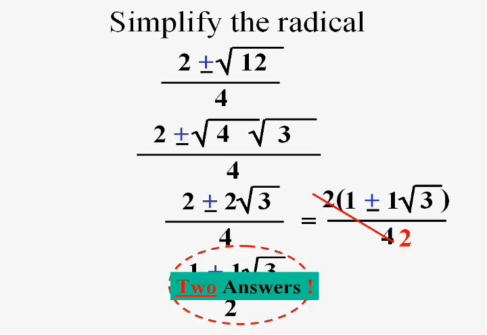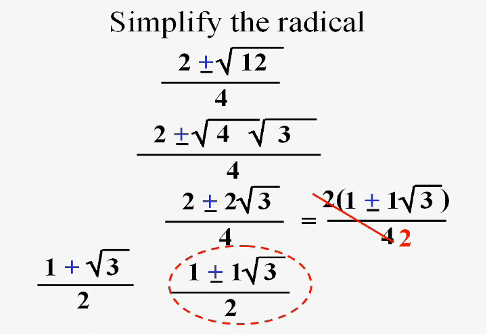Now I want you to understand these are 2 answers: 1 plus the square root of 3 over 2 and 1 minus the square root of 3 over 2. We can get an approximate answer if we need to on the calculator to make something usable in real life. The square root of 3 is about 1.732.